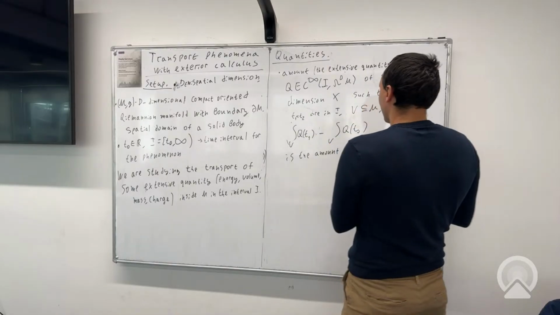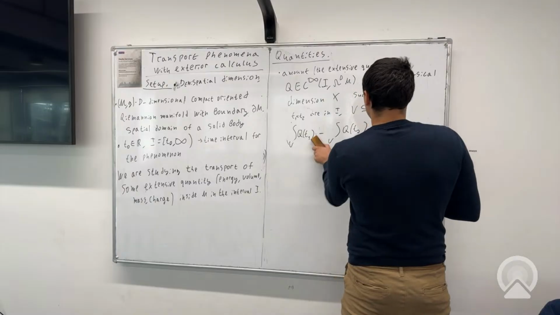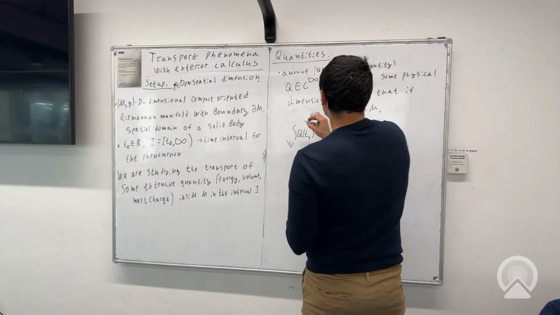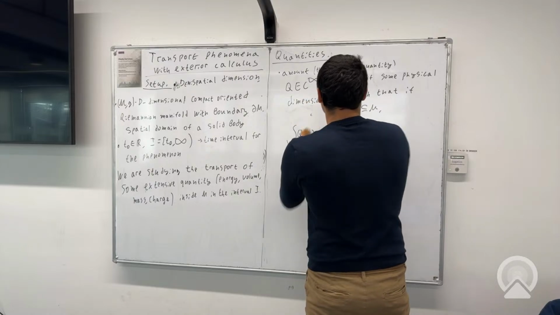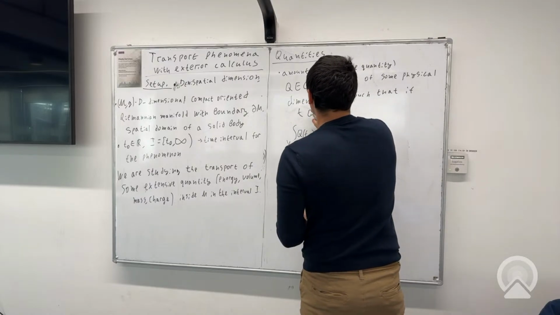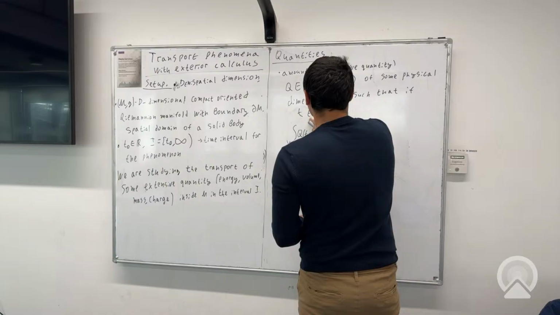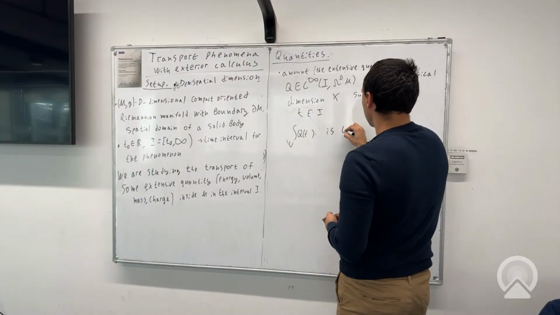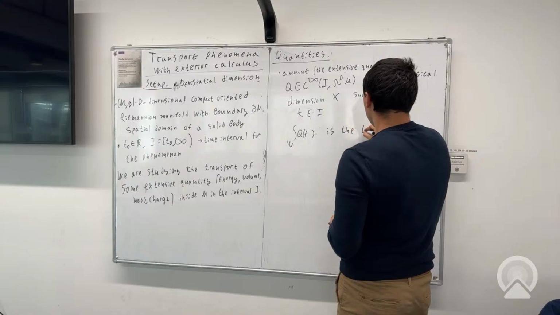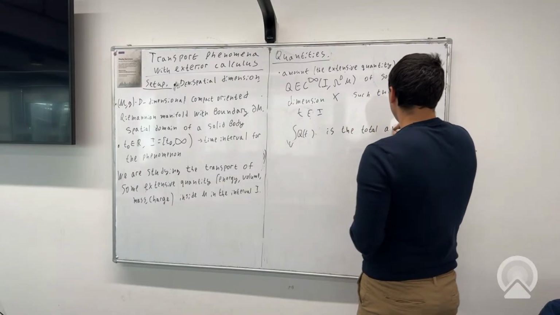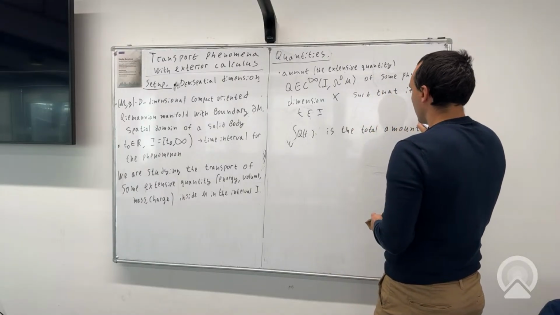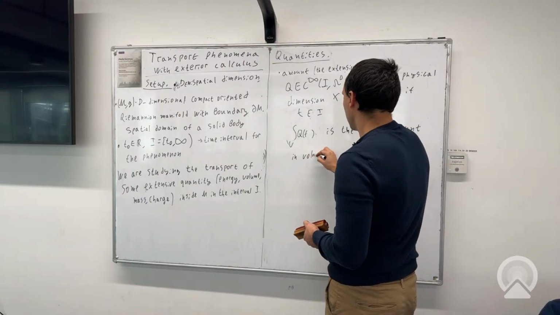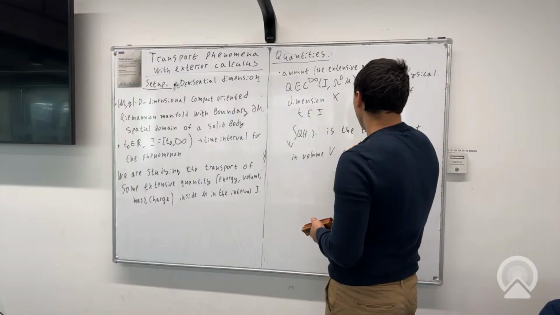So if t is in I, sorry, q of t, the integral of vq is the total amount in volume V at moment t.